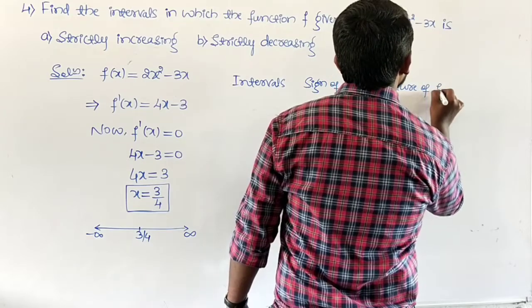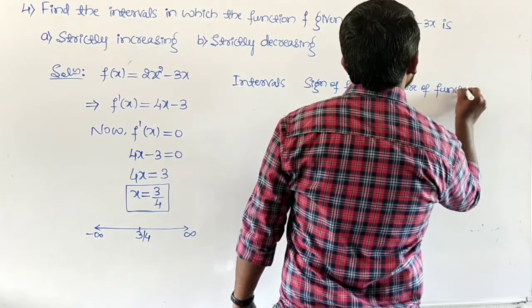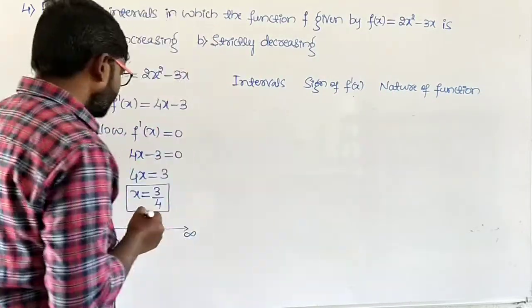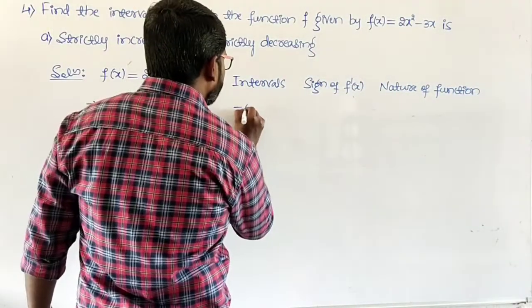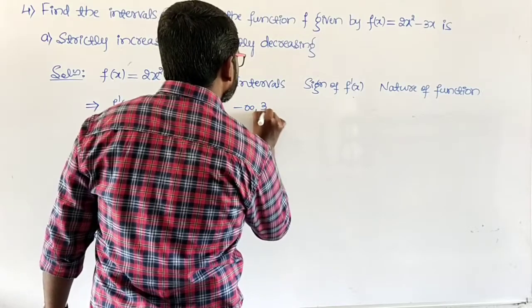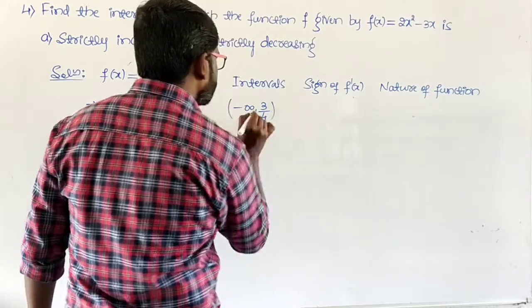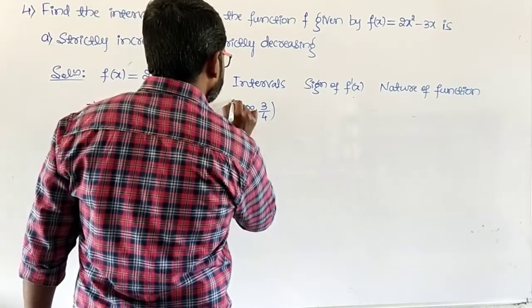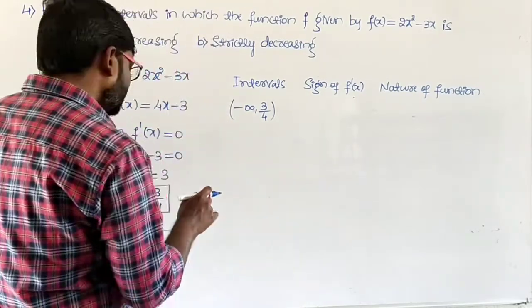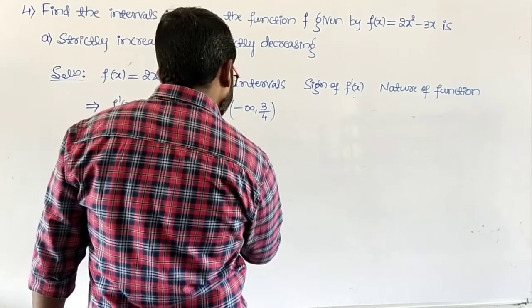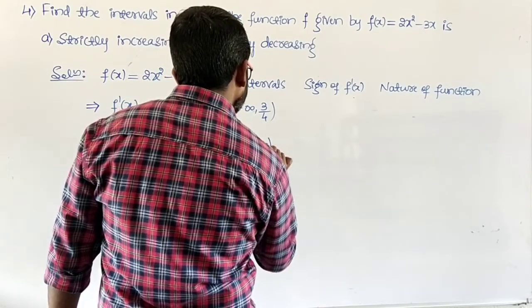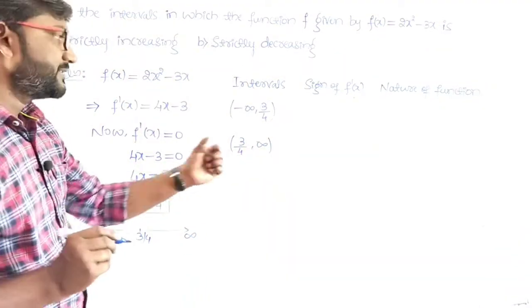What are the intervals now? Minus infinity comma 3 by 4, open interval, this is one interval. The other interval is 3 by 4 comma infinity. This is the second interval.